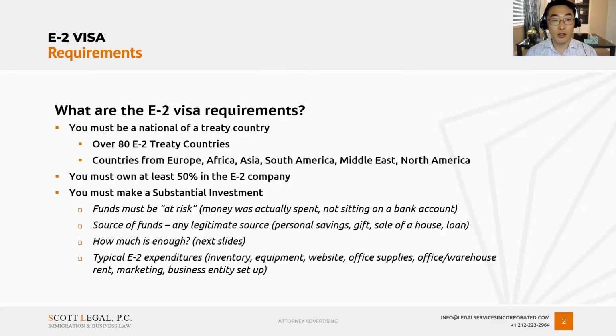In real life, yes, you could claim it for your company's tax deduction purposes, but it is not highly recommended for your E2 visa application. So keep in mind that inventory, equipment, website, office supplies, office and warehouse rent, marketing, and business entity setup are the most preferred expenses for your E2 visa application.